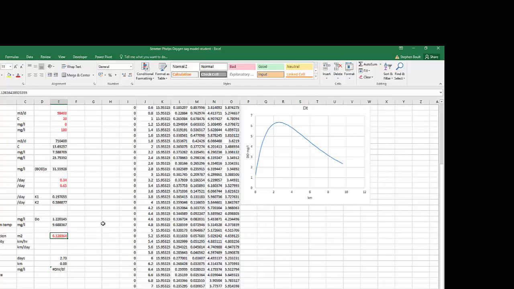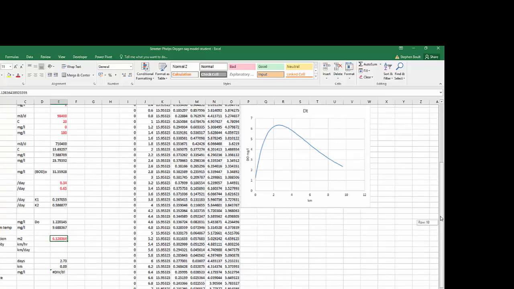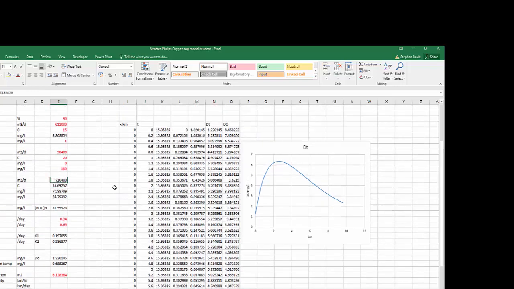We know what the downstream discharge is, which is this number. So if we know the discharge and we know the cross-sectional area, then we can work out the velocity. So given that we've got discharge in meters cubed per day and we've got cross-section in meters squared, then we can work out kilometers per day.